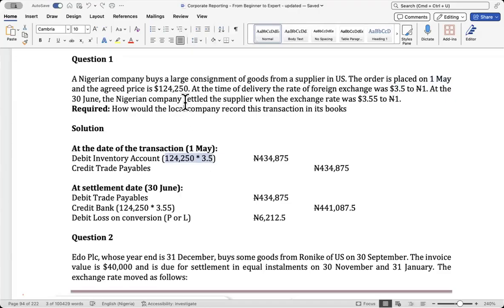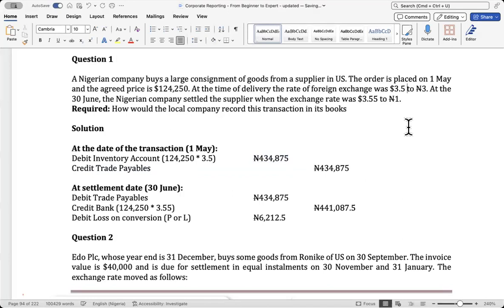So you multiply the purchase price by the exchange rate. So this is the amount you record in your books: 434,000. Excuse me. Yes. It appears that the intention was to write 3 naira 50 kobo to $1. Yes, the other way around. Yes, I agree.